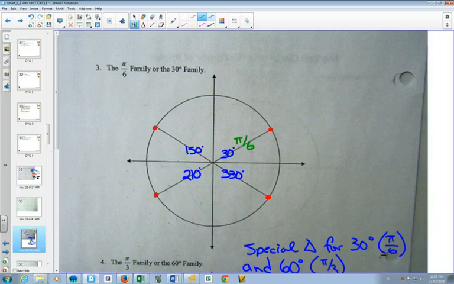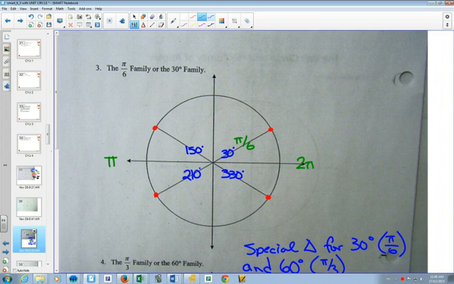A key thing that's going to help you with all family members, pi over 4, pi over 6, and pi over 3, in dealing with radians, is to know that here, this is pi, and all the way around once would be 2 pi. Okay? And just like in degrees, you went 180 minus 30 to find the 150.